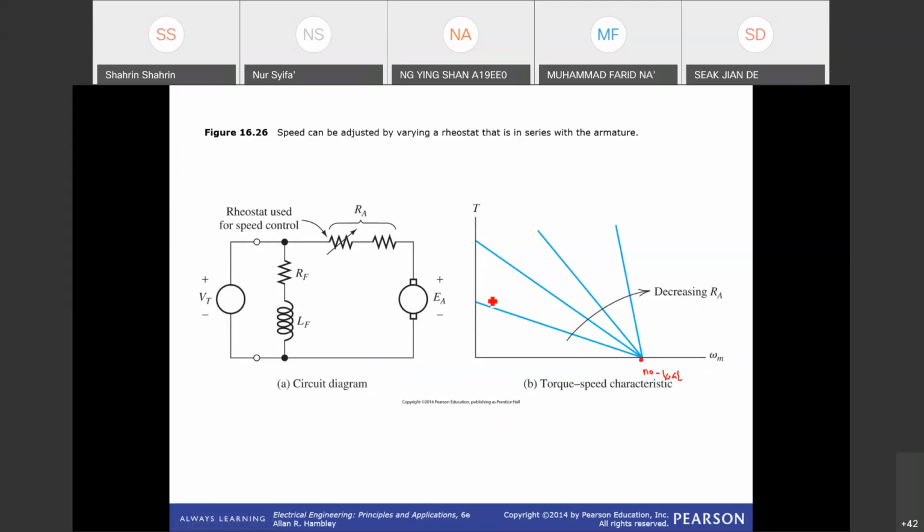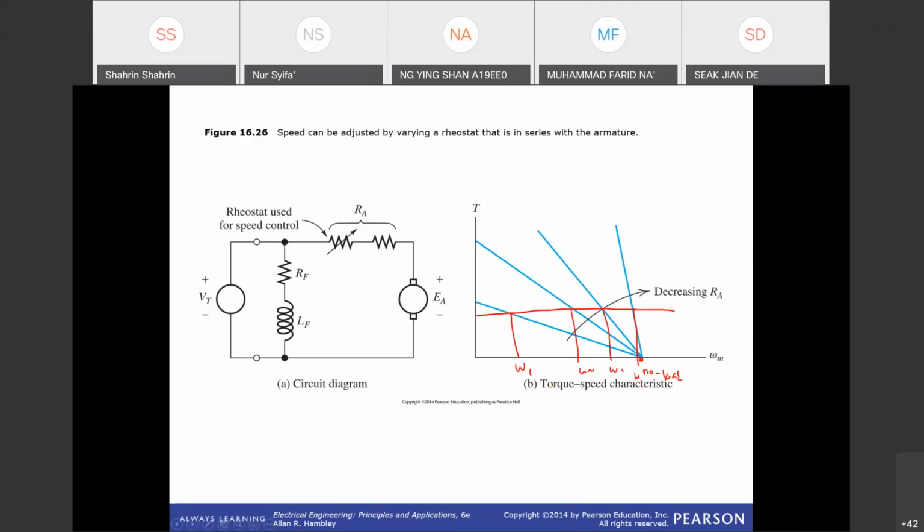So when you have a torque load, for example, different intersections will give different values of speed. Okay, so if you want to further change the speed, then you need to change the RA, and you can get a different speed.